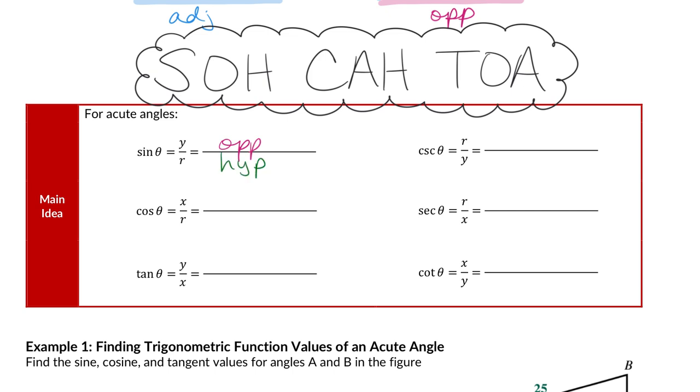That's specifically for that first triangle we wrote that looked like our reference triangles in the different quadrants. For cosine, since it's CAH, that would be the adjacent over the hypotenuse. And since tangent is TOA, y over x, it is the opposite over the adjacent.